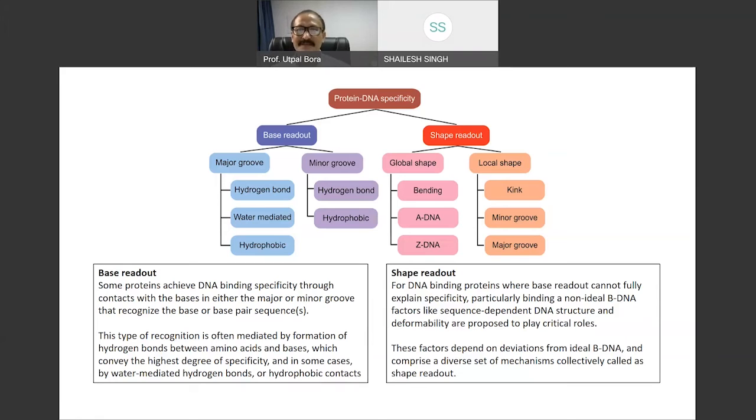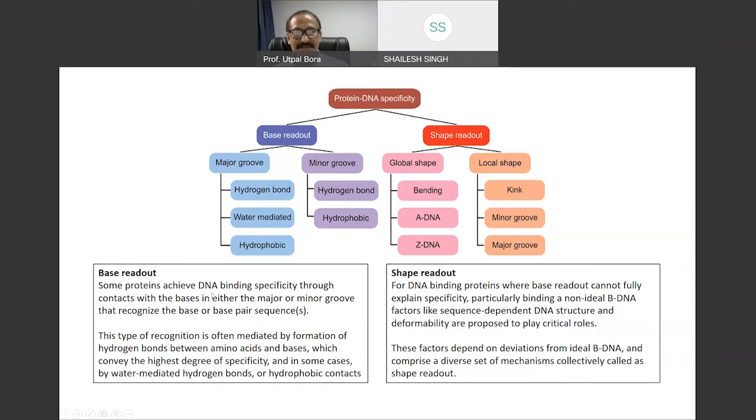There are two mechanisms for this. One is the base readout. You can see the blue box over here. The other is the shape readout. I believe most of you already know a lot about base readout, and probably some of you know about shape readout, or maybe all of you. Anyway, let me repeat what base readout is. Take it as a small revision for you.